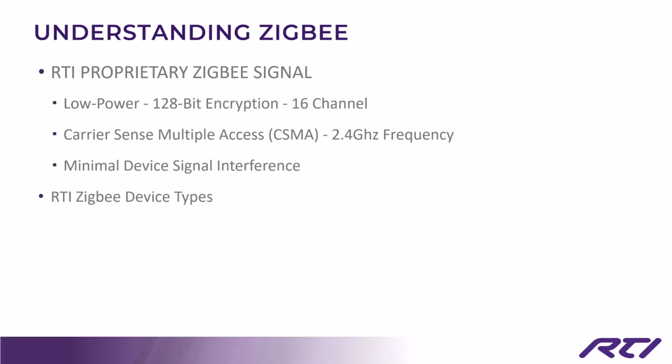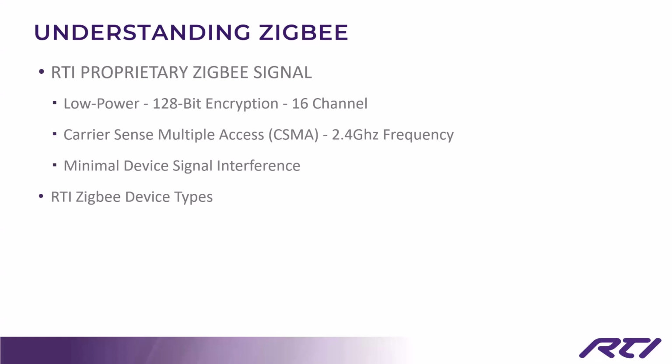All this is done at a 2.4 gigahertz frequency. This allows two-way communication to take place between the Zigbee transceivers built into or connected to the devices.